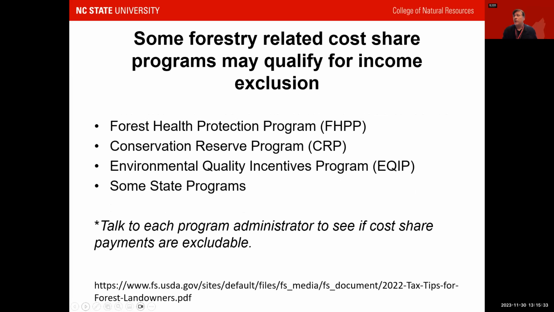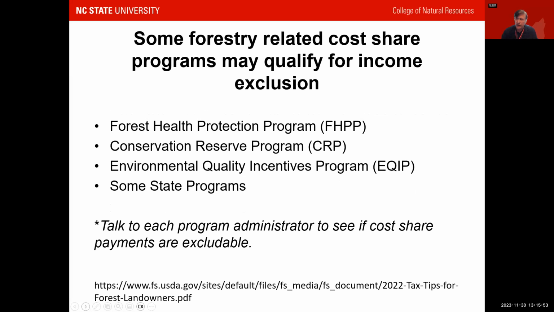So there are some things that can be excluded from your income, what they call an income exclusion. A lot of you forestry owners out there are participating in cost share programs through state programs, NRCS, soil and water, and so forth.